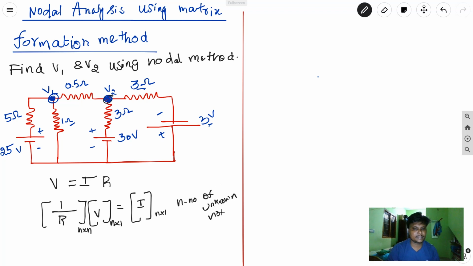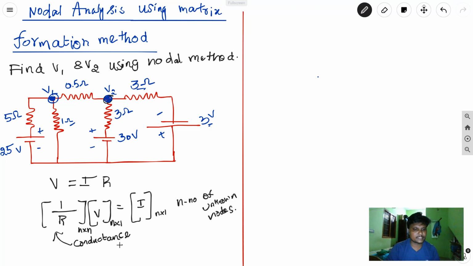Right, and here the 1 by R matrix we used to call the conductance matrix. Why? Because 1 by R is nothing but conductance. So we call this first matrix the conductance matrix, and generally conductance is represented by the unit called Siemens.